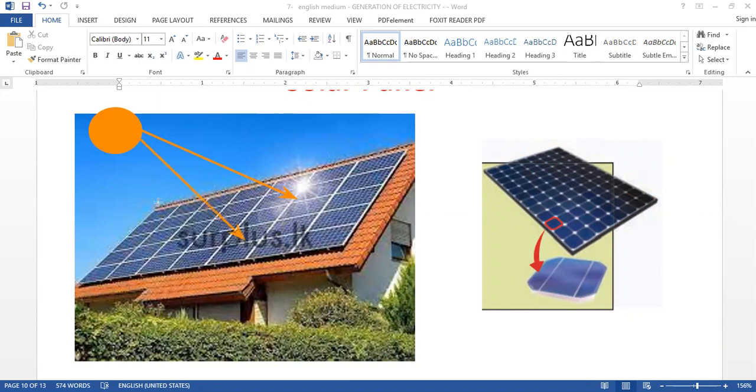When sunlight falls on it, remember, it is not sun heat. What energy is used here? Light energy, not heat energy. So in this solar cell, solar light or light energy falls.